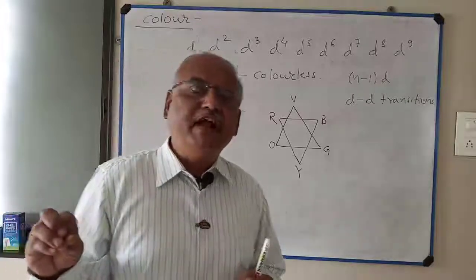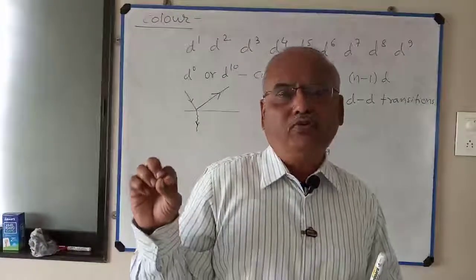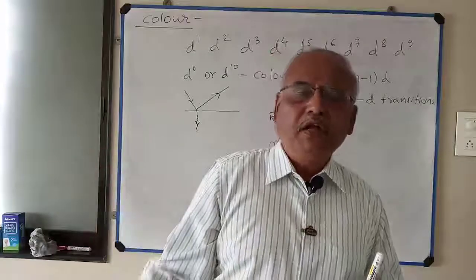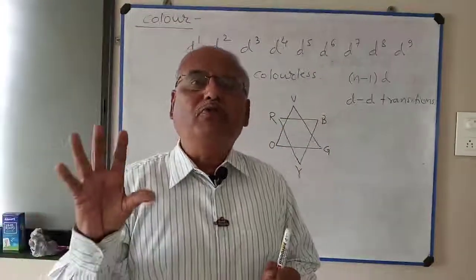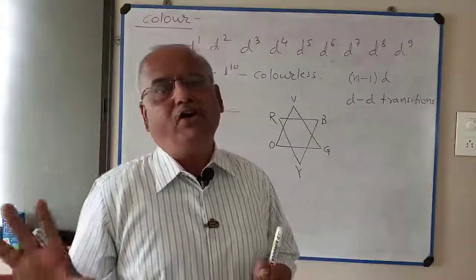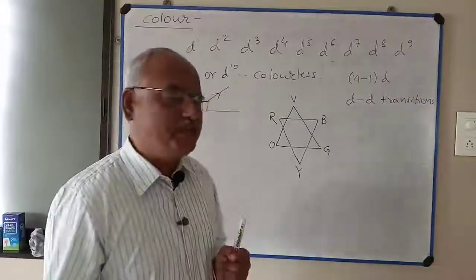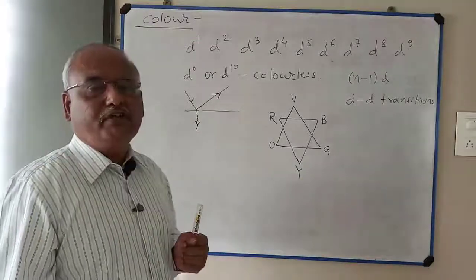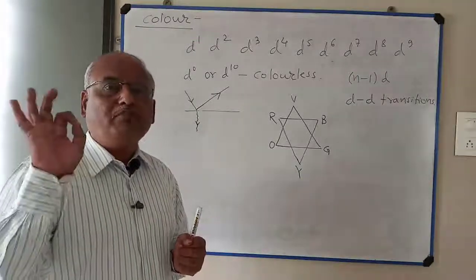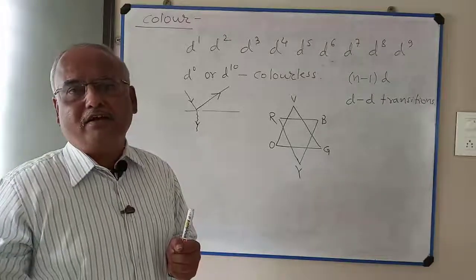What is a ligand? You are going to study it in coordination chemistry. Color also depends upon the geometry of the complex. So this is about the color of transition elements. Most of the transition elements are colored.